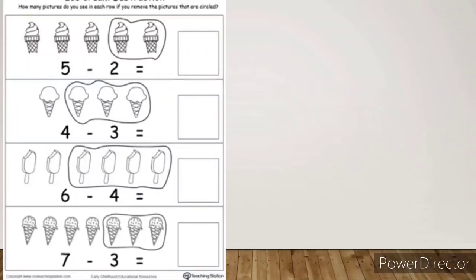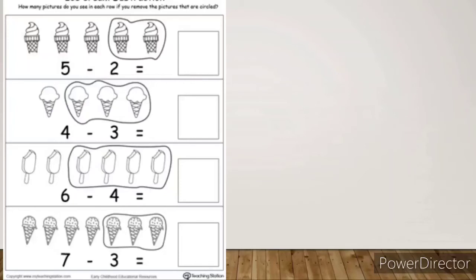The next example has some triangle-shaped cones. Let's see, the sentence says 4 minus 3 equals. So he circled the 3 cones that he's going to take away. How many do we have left? Awesome. Write that number on your screen into the square box.